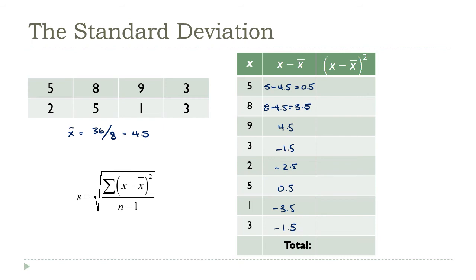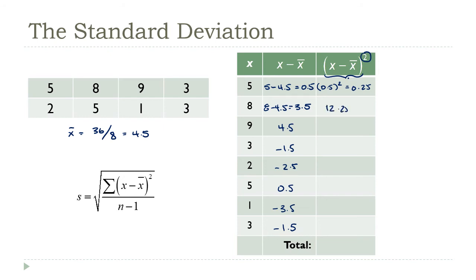Now, for the next column, I'm going to square each of those values. I'm going to take this value here and square it. That gives me 0.5 squared is 0.25, for example, and then I'll keep working my way down here.